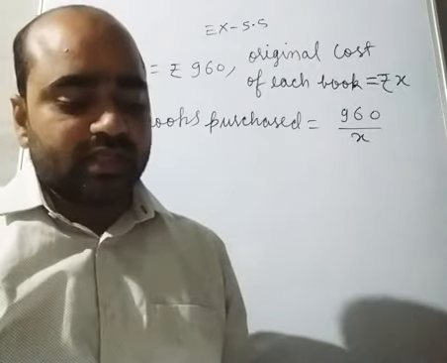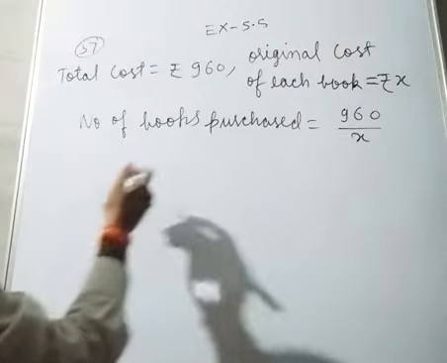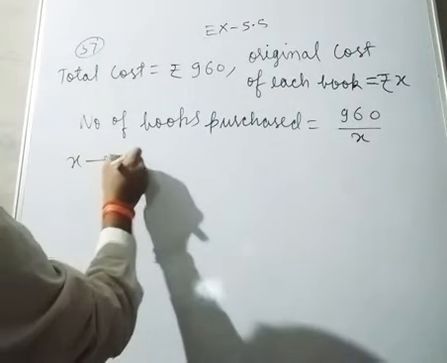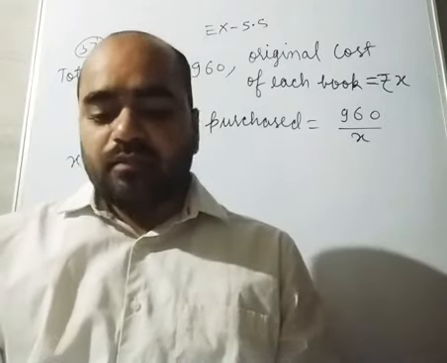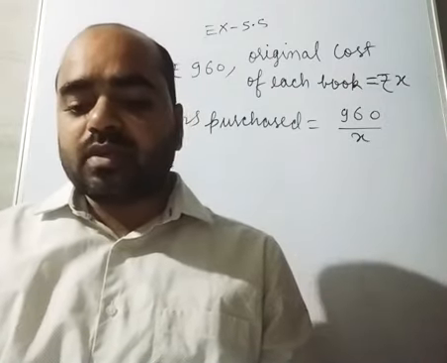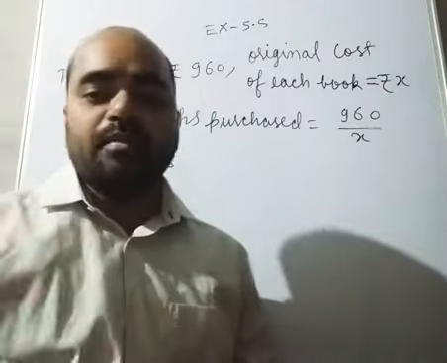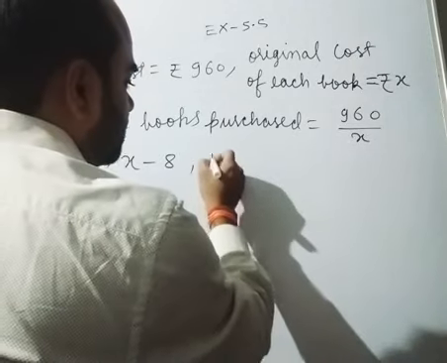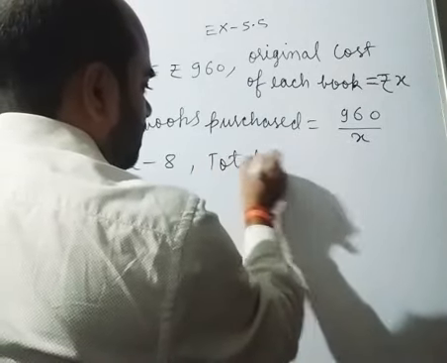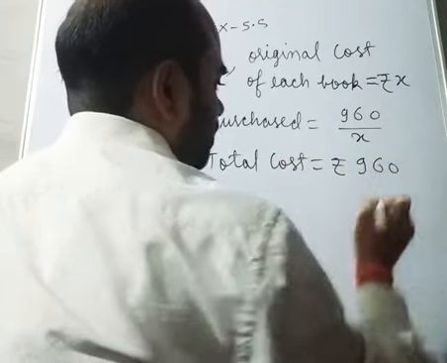Now the condition is, if the cost per book was rupees 8 less. Cost per book was x, and if it is rupees 8 less, it means x becomes x minus 8, but the total cost remains the same, rupees 960. Now what is changed?